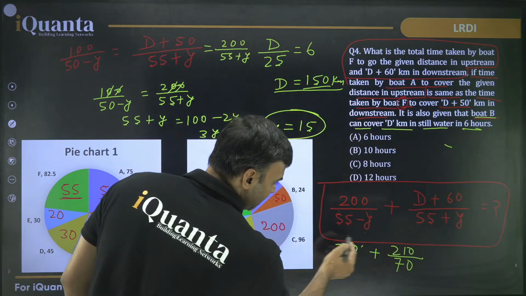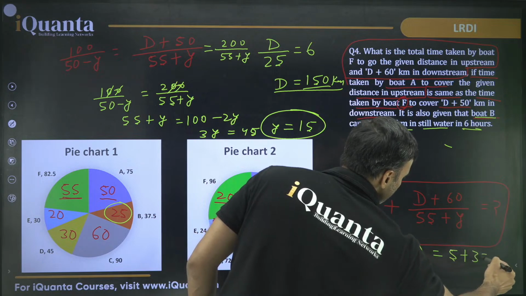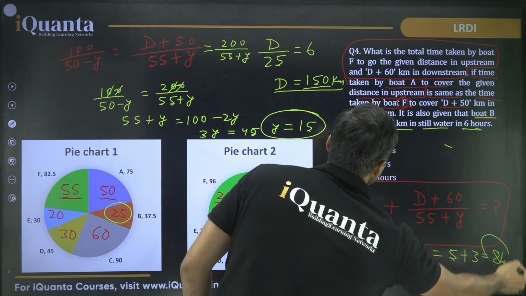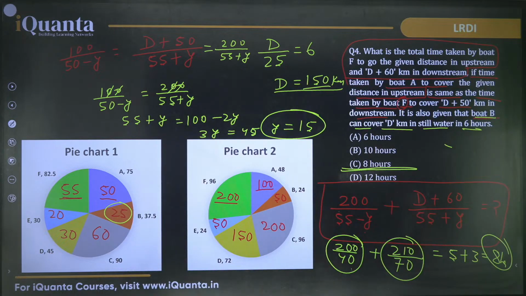Nice. So this is 5 hours, this is 3 hours. So 5 plus 3. This is a much better calculation compared to the previous question, because yes, it got easy at the end.